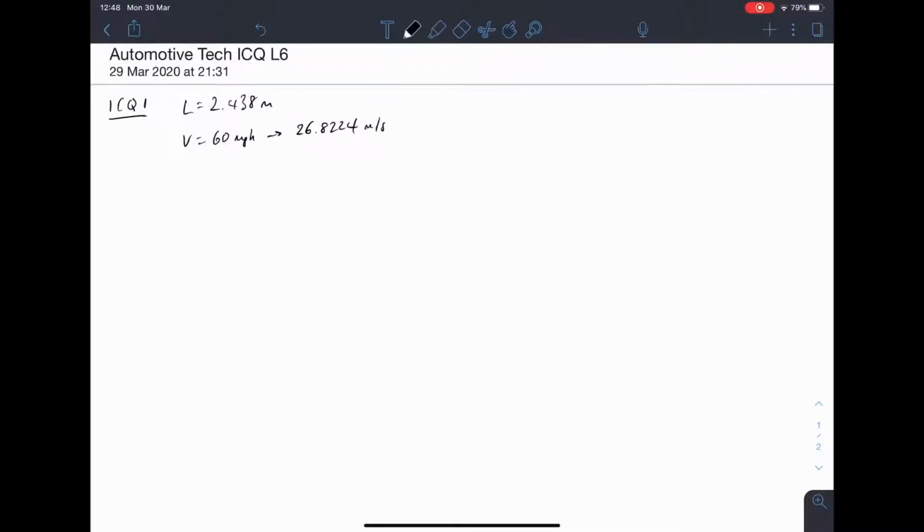We determined from that question that Ku, the understeer gradient, was 0.0403 degrees per metres per second squared. And the question is, what is the lateral acceleration gain?